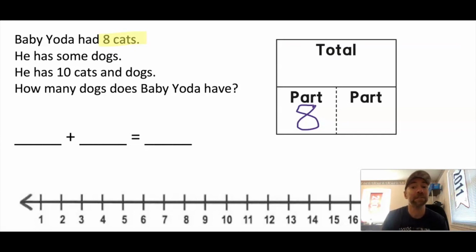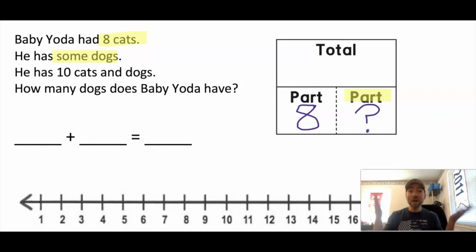But here comes the tricky part. He has some dogs. We don't know how many he has for his other part. If we don't know how many he has for his other part, what do you think we have to put? We must put a question mark where the part is.